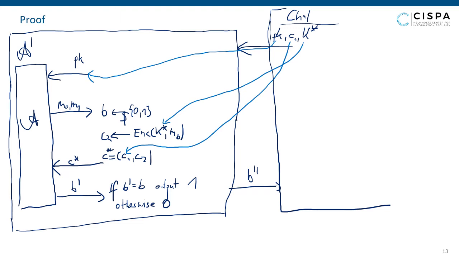Now let's compute the advantage of this adversary A prime. To do so, let B asterisk be the challenge bit of A prime's challenger.